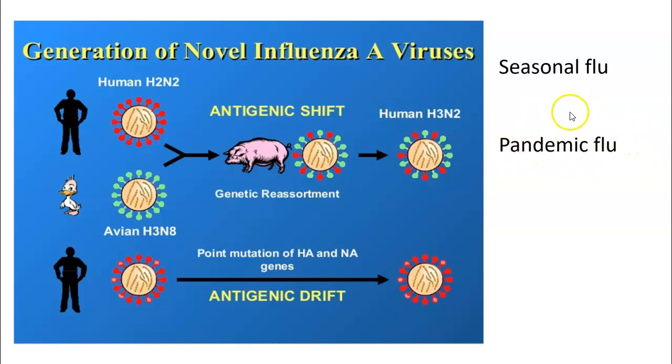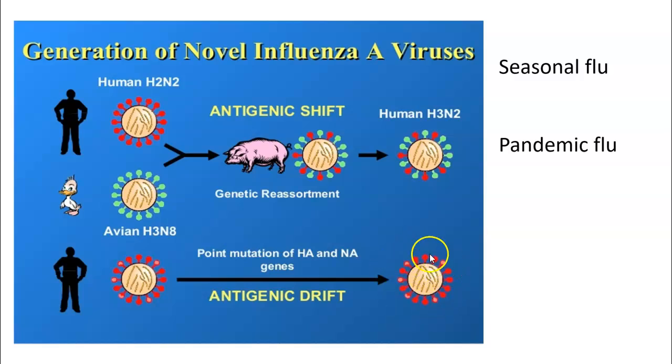And these can cause pandemics, worldwide epidemics, because they can be brand new flus that nobody's immune system has ever seen. With the seasonal flu, even if everybody's not vaccinated, there's always going to be some people that have had this before, this has been around before, and they're going to have some immunity.